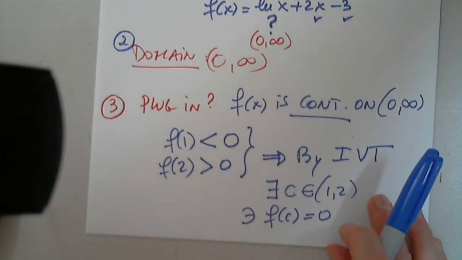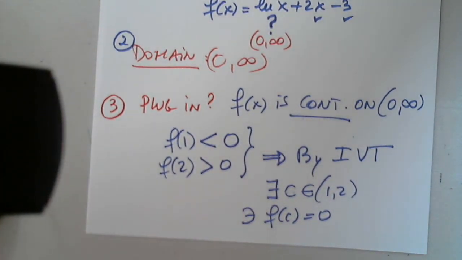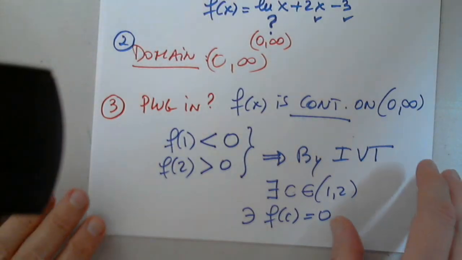You do not have to use the symbols. I'm not testing you on symbols. Just write it in words. This is a very powerful theorem, and it's based on continuity. If the function is not continuous, we cannot apply this theorem.